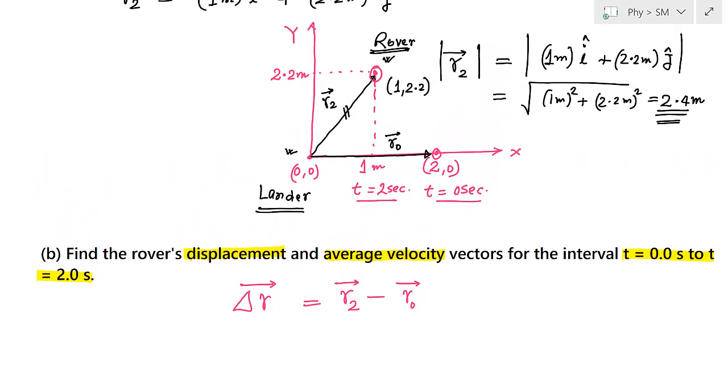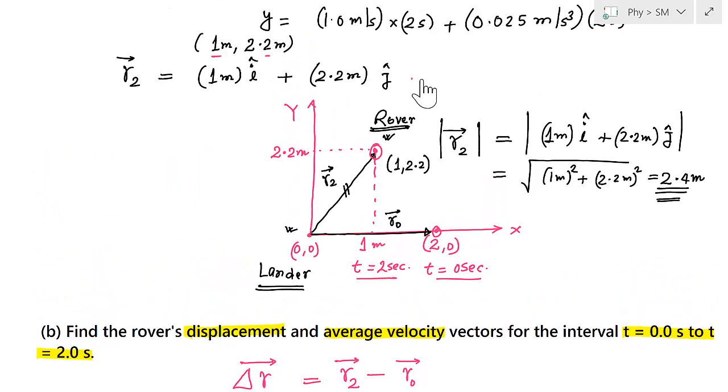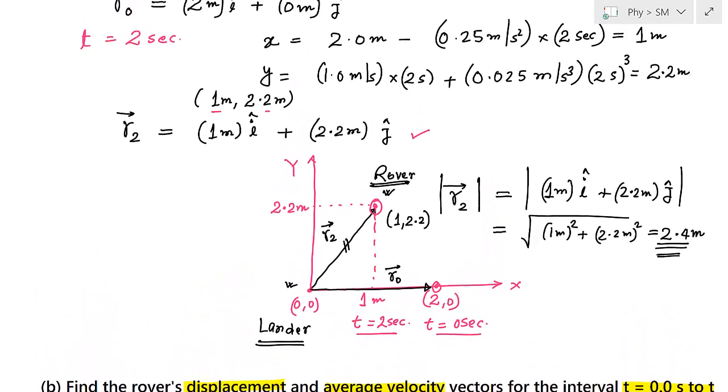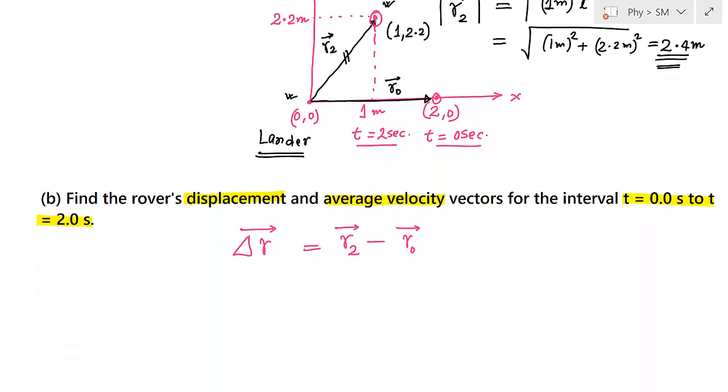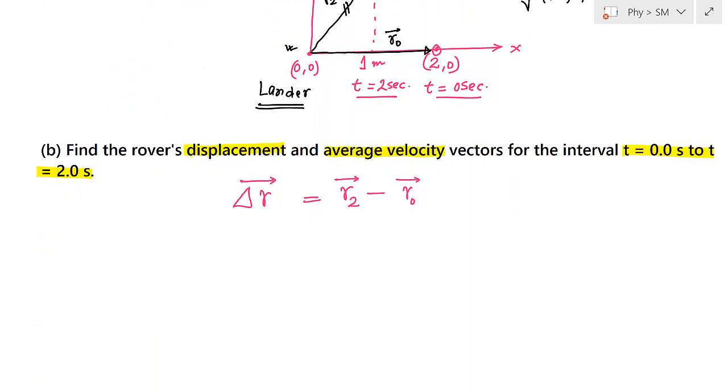And you know the value of r2, this is the value of r2, and similarly we know the value of the r0 vector. So if I plug these two in, we can calculate the change in the position vector. So we can write r2 equals 1 meter i cap plus 2.2 meter j cap, and this minus 2 meter i cap, and the j component was 0, so 0 j cap.